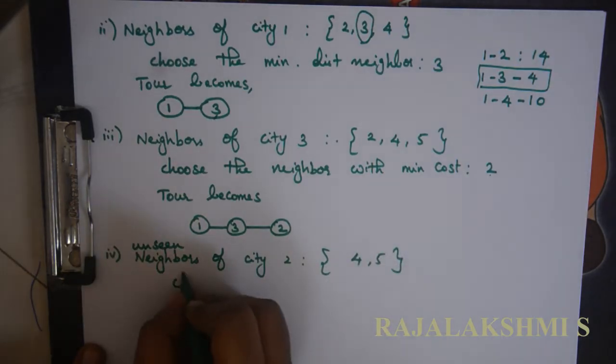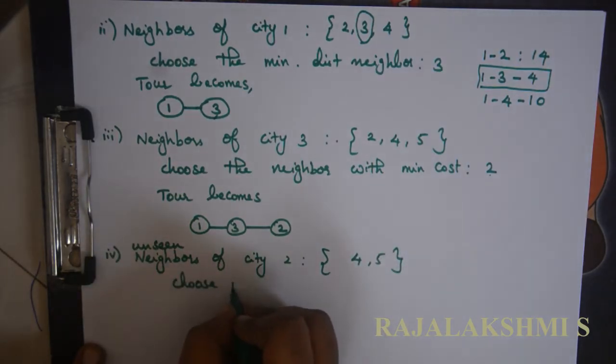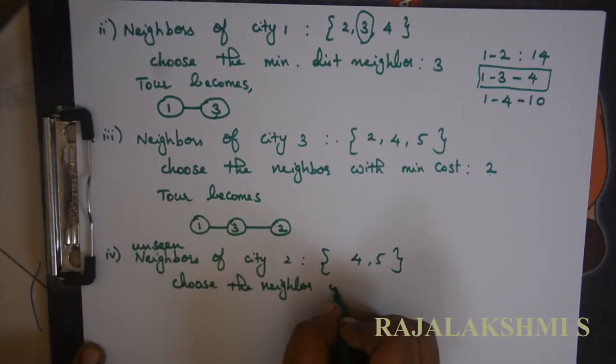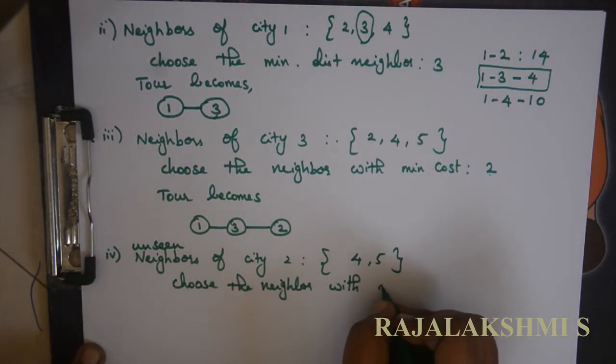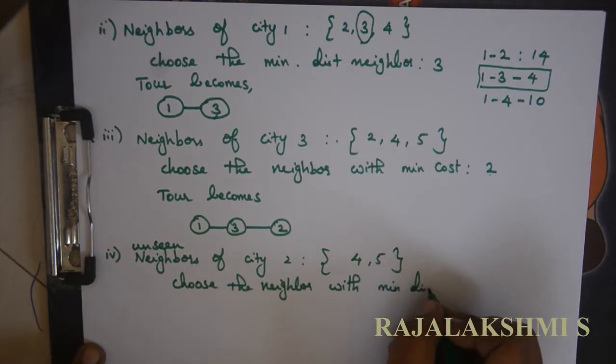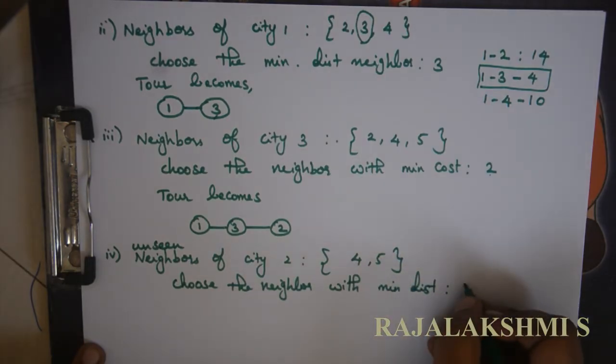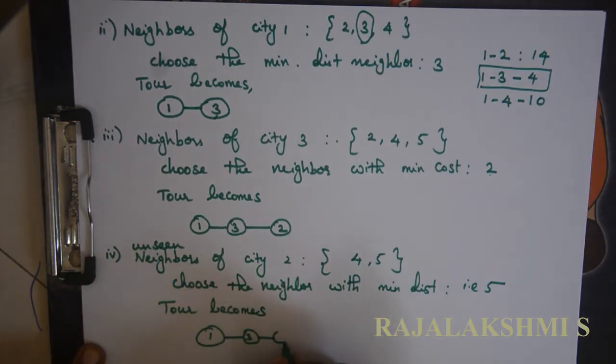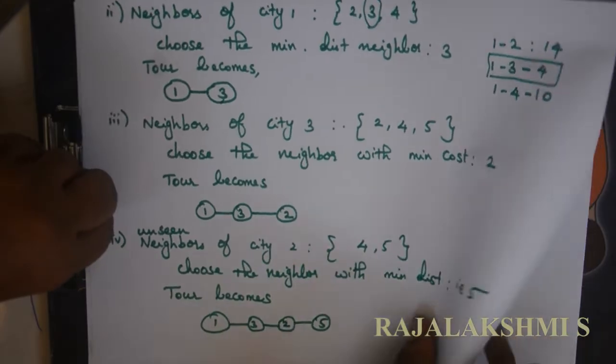So now choose the neighbor with minimum distance. Okay, so that is 5 here. So now the tour becomes 1 to 3, 3 to 2 and 2 to 5. So now we are present at the city 5.